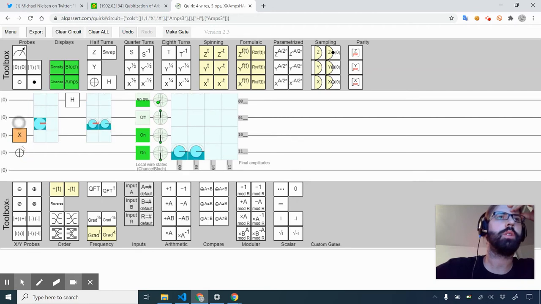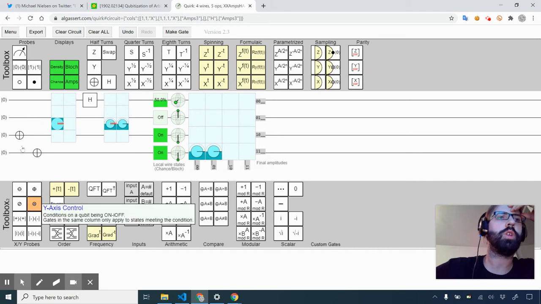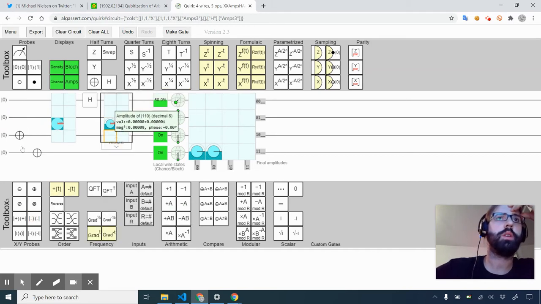So these 2 qubits are encoded in the space, in the correct portion of the actual system's possible states, and then it's only this one that is encoded in the phases.